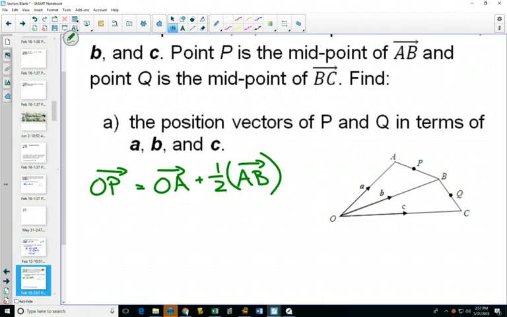Now, in terms of a, b, and c, I already know that OA is the vector a. Plus half of, how can I get from A to B using only a's, b's, and c's? Well, I could go negative a plus b.